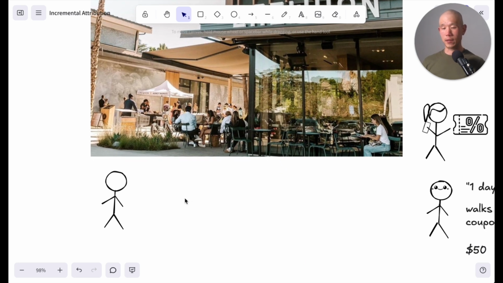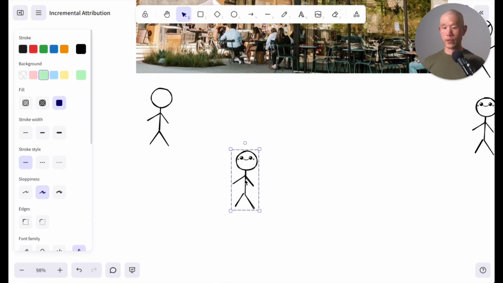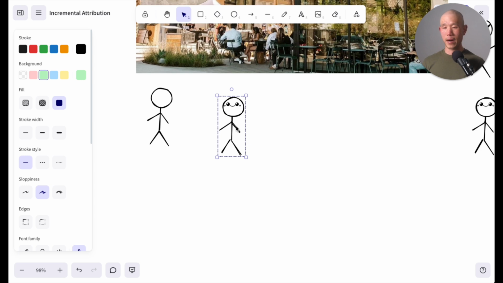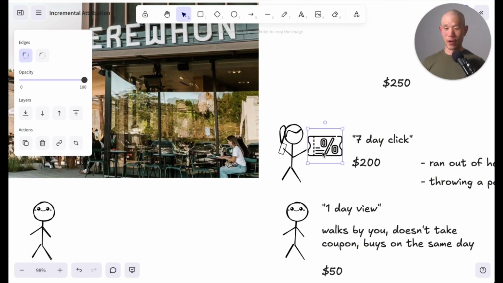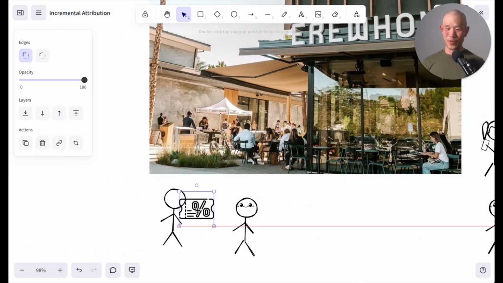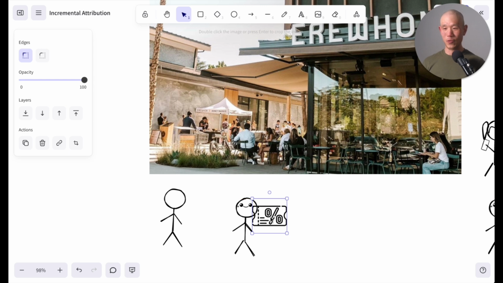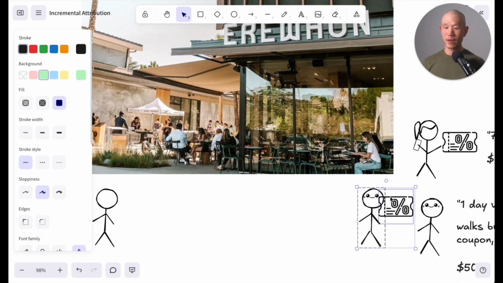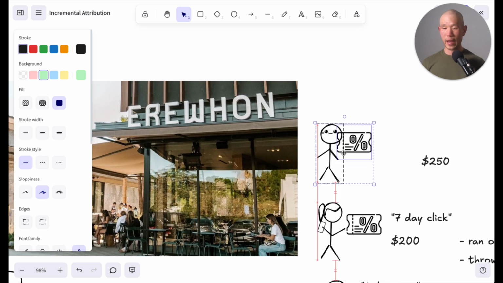And one-day click is a relatively simple one to understand. So, similar scenario, we can have someone walking by, and in this case they grab a coupon. So they take the coupon from you, you might have a bit of a chat, and then right here within 24 hours, they go inside of the store and make their purchase.